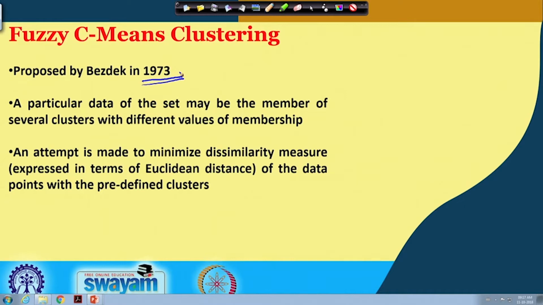Supposing I have a large number of data points and a few predefined clusters. A particular data point may belong to different clusters with different numerical values of membership, and some of the membership function values will become equal to 1.0.